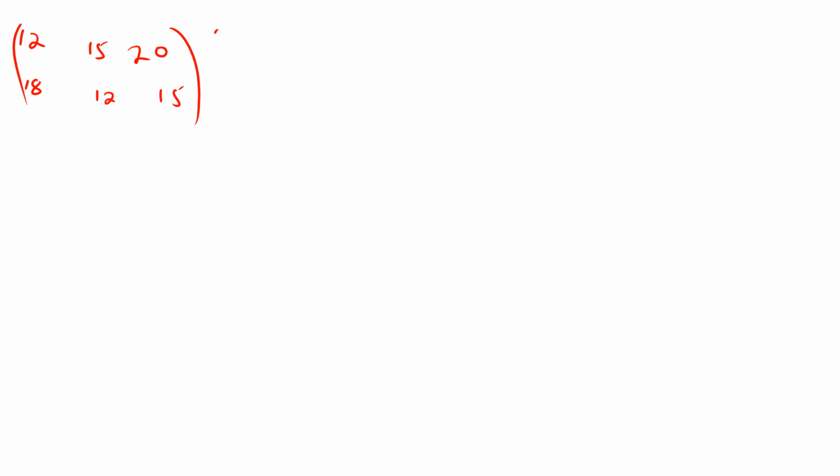Now I cannot come and multiply these matrices, with 1000, then 2000, and then 500. I cannot multiply those two matrices. Reason: this is a 2 by 3, and this one is a 1 by 3.